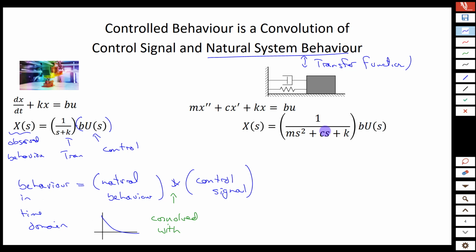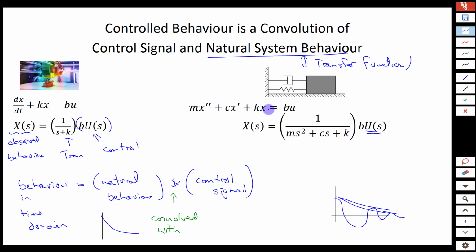The same thing is true over here, except our natural behavior would be that decaying oscillation, assuming the appropriate mass, damping, and spring constants. So whatever control we're going to apply, somehow it's going to get combined with these natural oscillations to produce the behavior that we actually see in the system. And this idea that the convolution of some natural behavior with the control signal is there for any linear system.